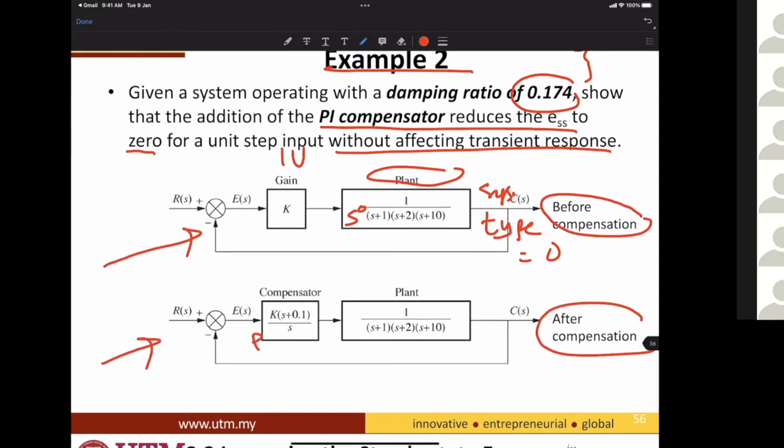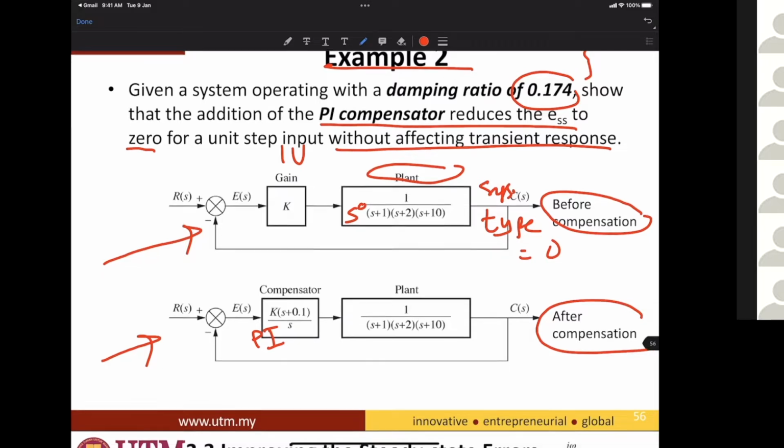Maknanya ini kita panggil dia sebagai PI controller, S plus 0.1 over S, ataupun S plus 0.01 over S, ataupun S plus 0.5 over S, as long as dia punya zero tu dekat dengan origin. Janganlah pilih S plus 100 over S, tu salah. S plus 1000, S plus 10 over S tak boleh. Satu dan ke bawah, 0.1, 0.2, 0.3 also okay.